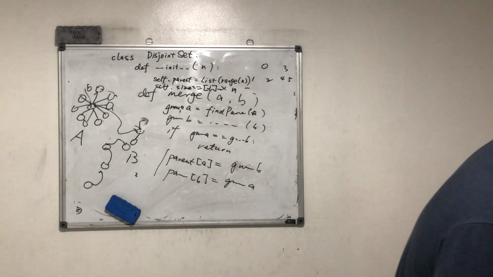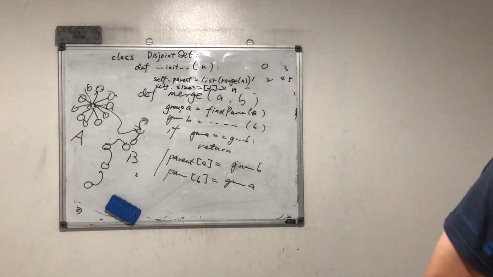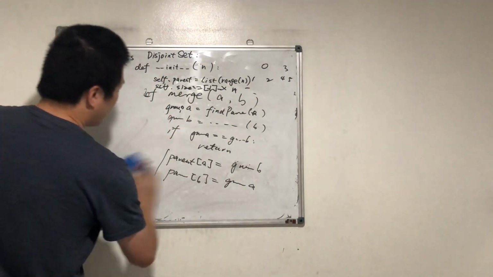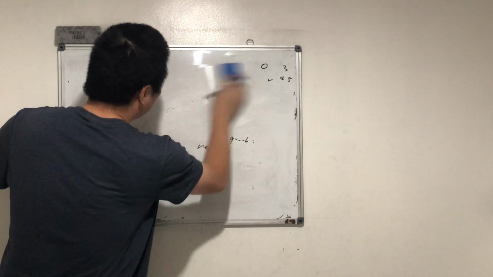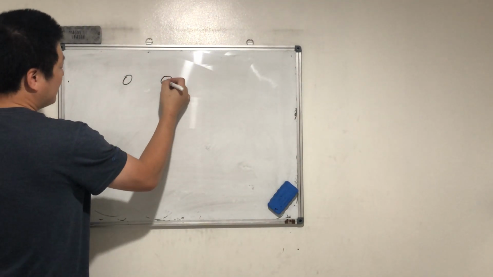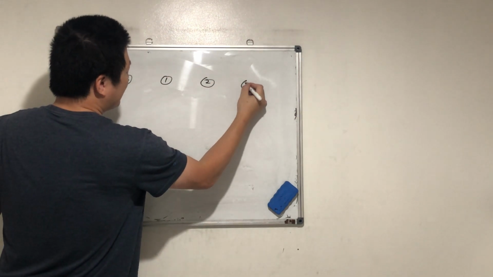Okay, so when we merge the groups, what happens to the group count? It's almost complete. Look, 0, 1, 2, 3. There are 4 groups.